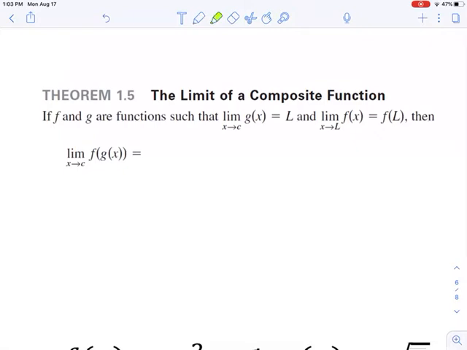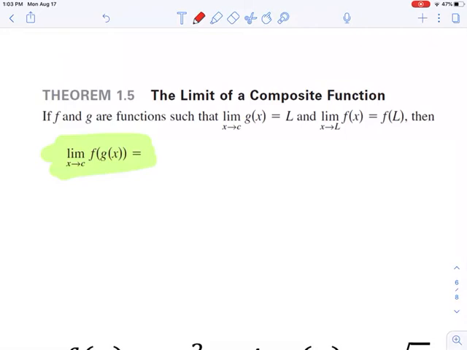If we have the limit of a composition, just like with normally evaluating a function, we need to work from the inside out.